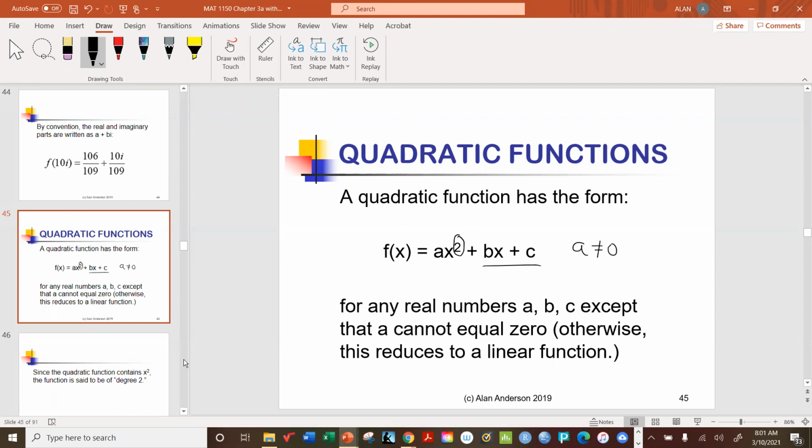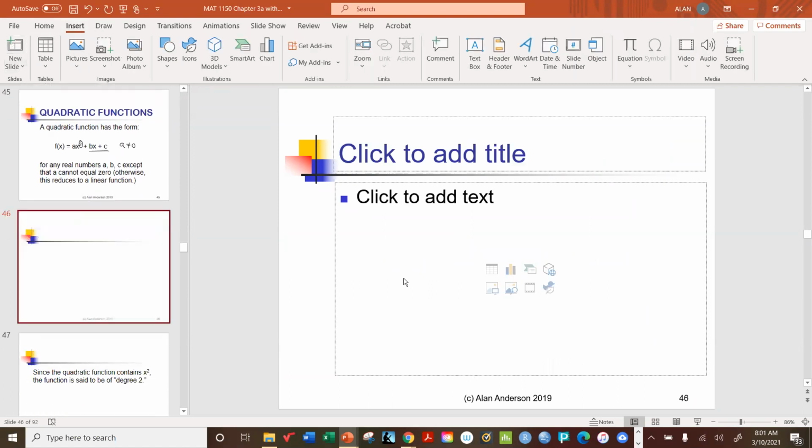Now, the one thing we have to watch out for with quadratic functions, of course, is that under certain conditions, the solutions will be imaginary numbers. Say, for example, you draw a picture of the parabola that this represents.